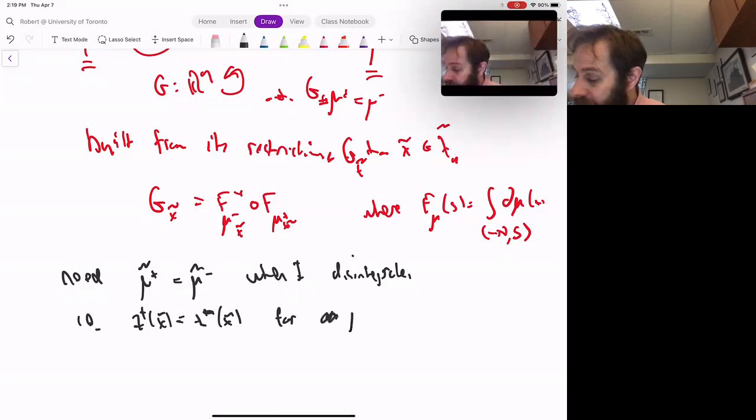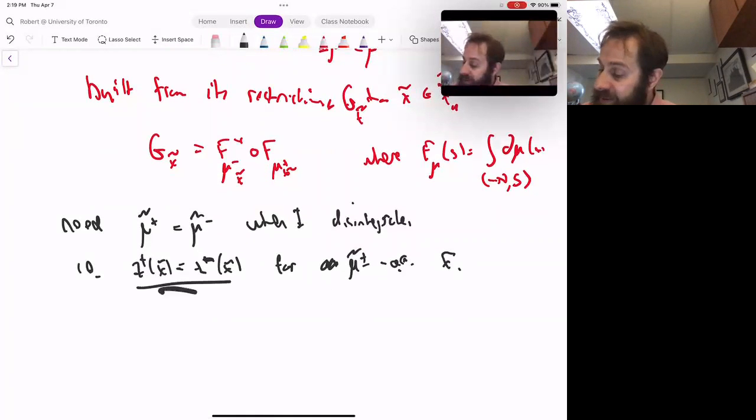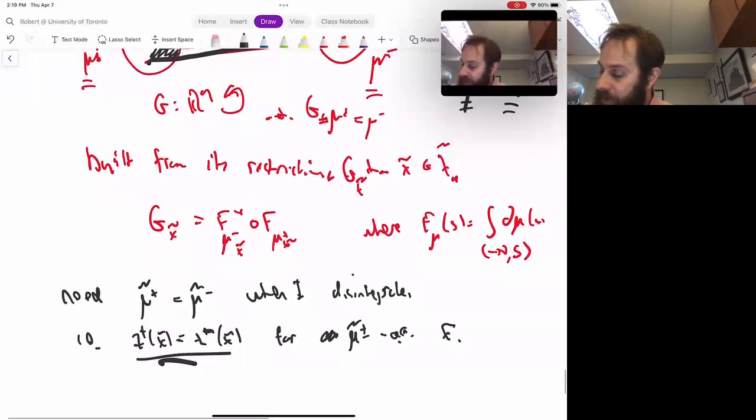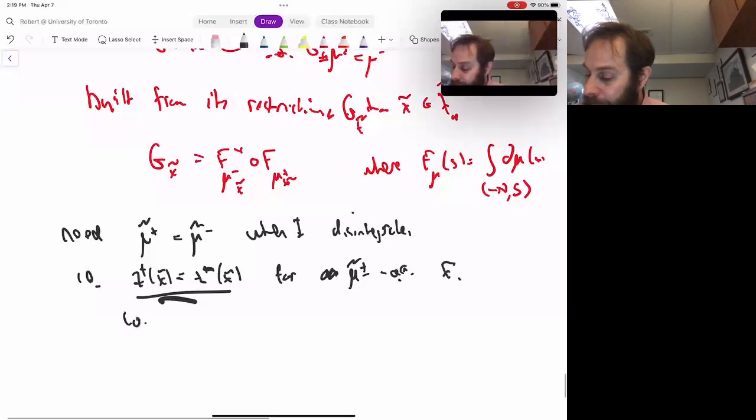Let's say, for mu plus minus tilde almost every x tilde. And so where does this come from? That would be called, I guess, localized mass balance.